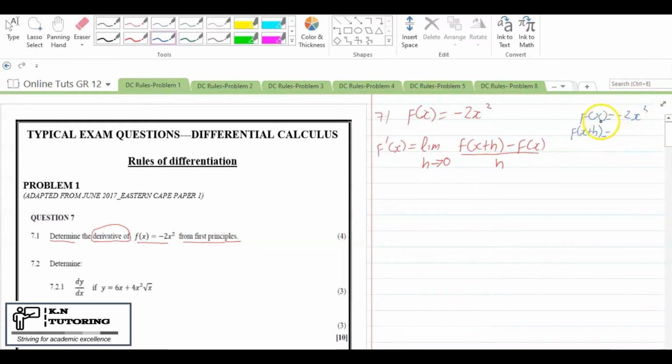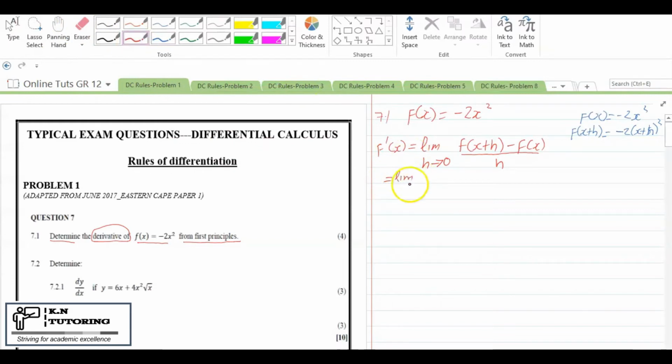So the graph shifted h units to the right or left, depending on the question. Now this is going to be minus 2, where I see x, I substitute x plus h, and then squared. So that's what I'm going to do.